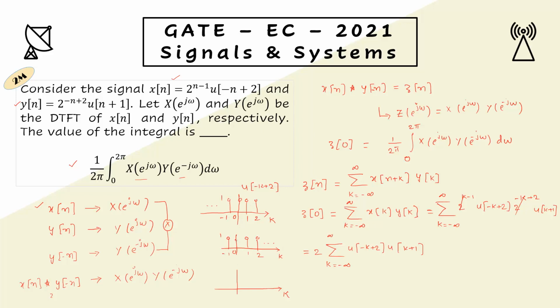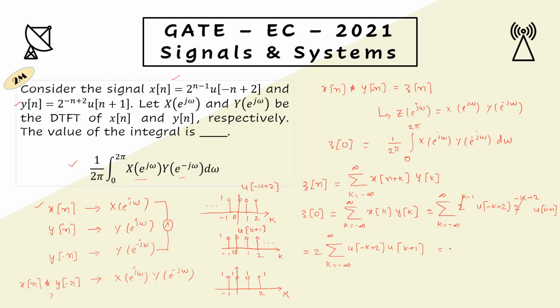So if you multiply, you will have a signal of this form. You have impulses from minus 1 to 2, each with amplitude 1. But we want to evaluate the summation of all the samples.